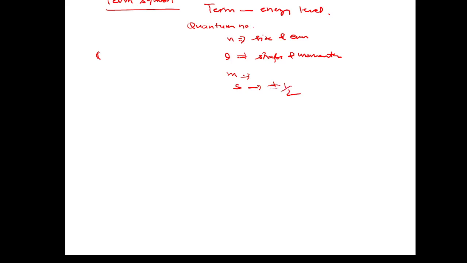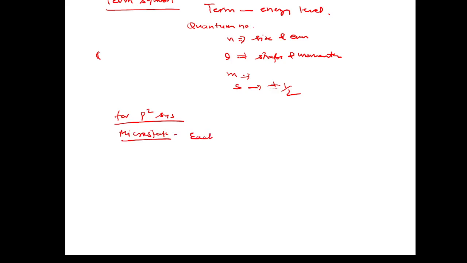So the microstate, suppose for example for P2, how many microstates are possible in the system? First of all, what is a microstate?